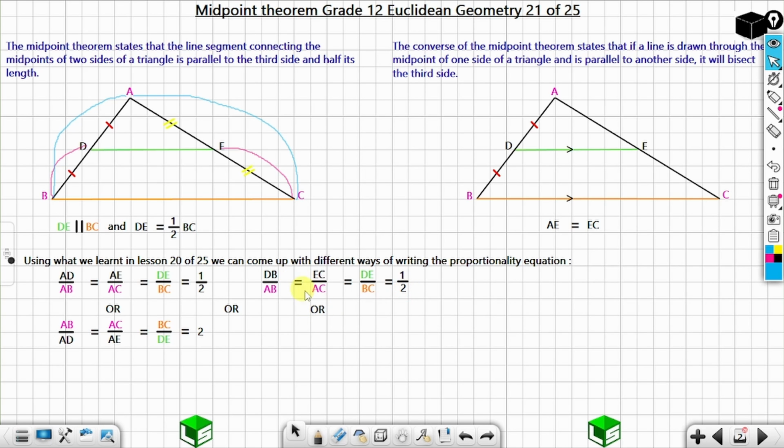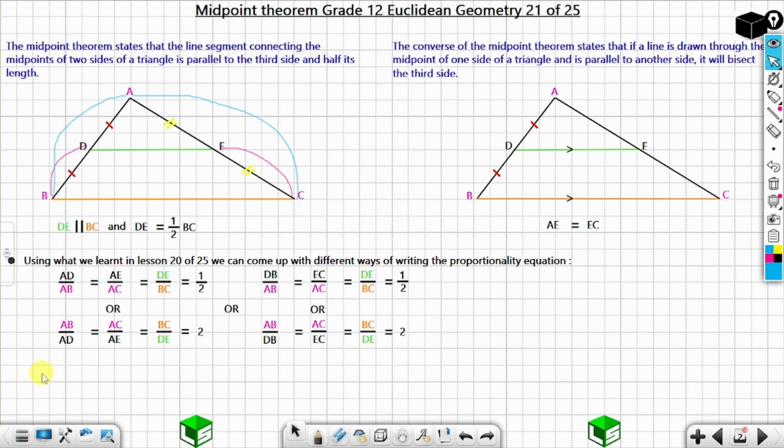You can also write this equation if you flip. Instead of DB over AB, you can have AB over DB equal to AC over EC equal to BC over DE equal to 2 over 1, which is 2.